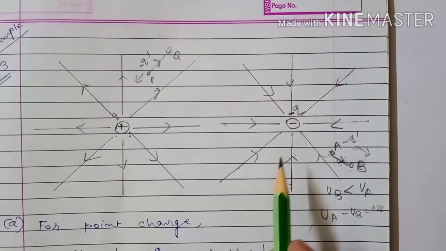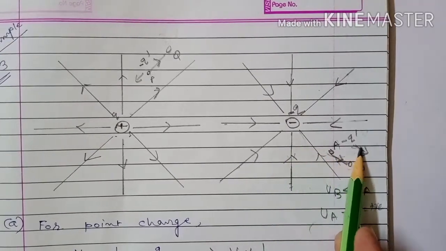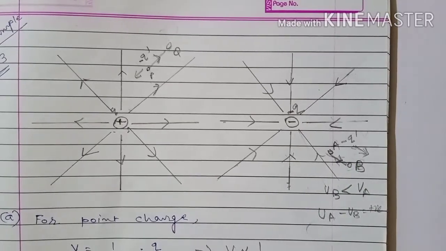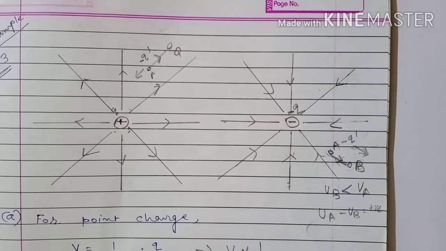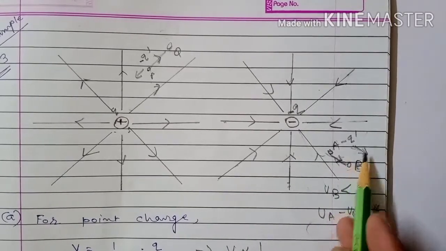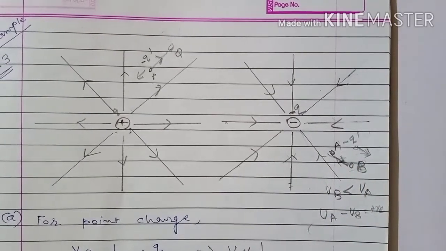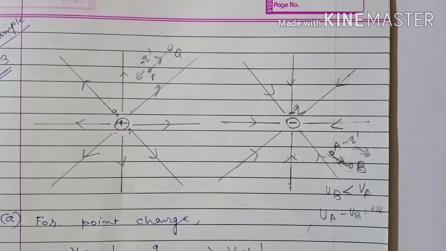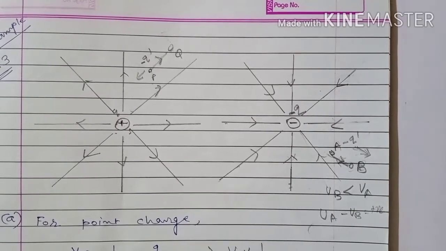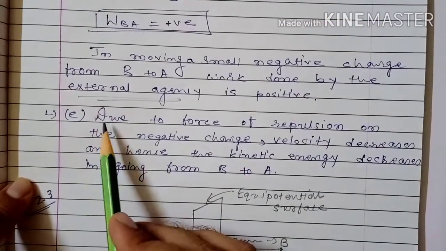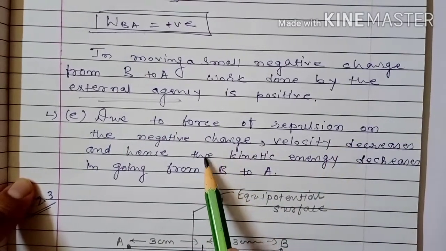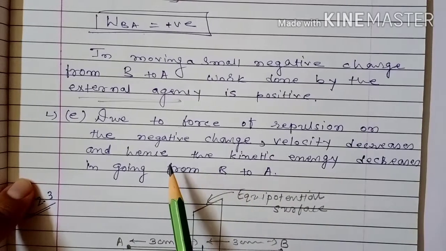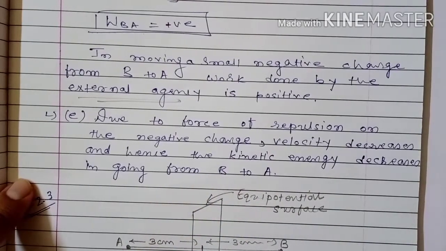Same way, here electrostatic force is in this direction and motion is from B to A. Due to that, here force and displacement both are in the opposite direction. Due to that, velocity decreases, and as velocity decreases, kinetic energy also decreases. Due to the force of repulsion on the negative charge, velocity decreases and hence the kinetic energy decreases in going from B to A.